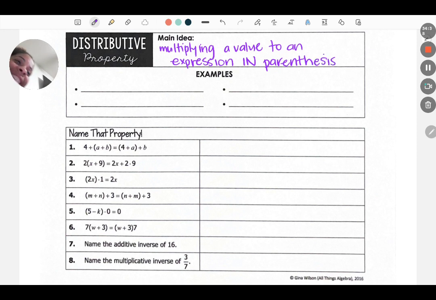Sorry, that was for my pen. Parentheses. Okay. Sorry. It's a complex word.